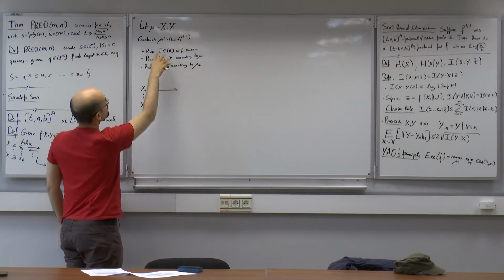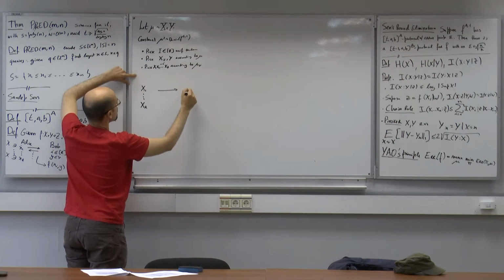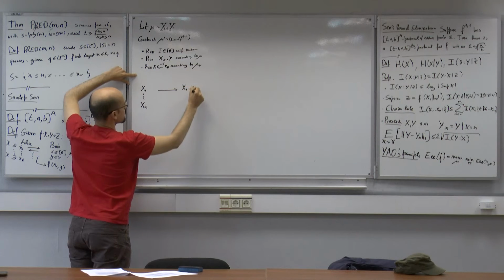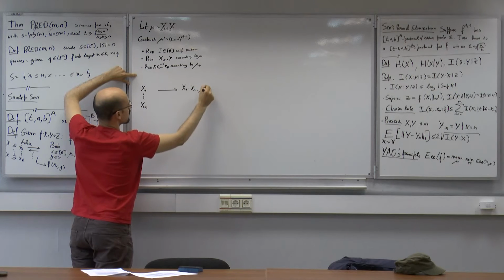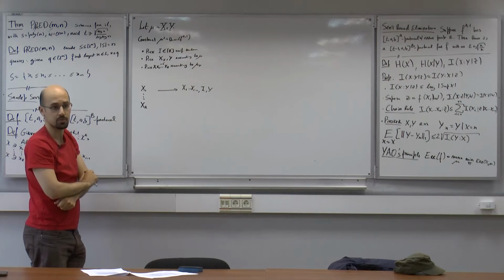So this is my mu prime, by the way. Then what happens is that I give these guys x_1 up to x_{i-1}, x_{i+1} up to x_r, and y to each player, as in the protocol.